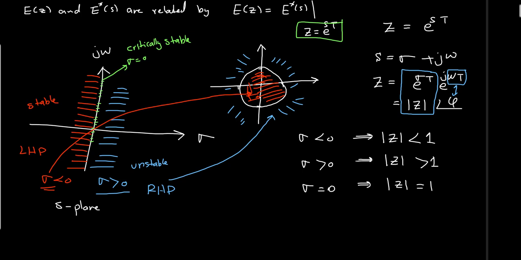And the j omega axis, the case when sigma is equal to 0, is mapped to be on the unit circle. So this is very interesting, in that the left half complex plane in the s-plane is mapped inside the unit circle. The right hand side of the s-plane is mapped outside the unit circle. The j omega axis of the s-plane is mapped on the unit circle.